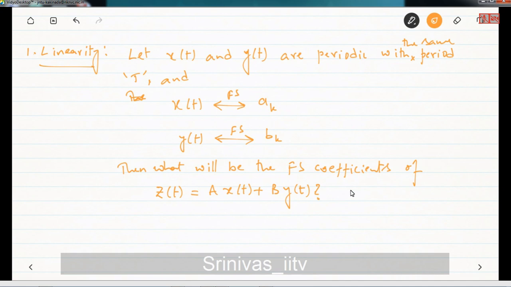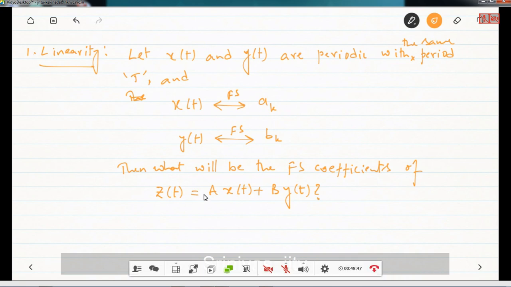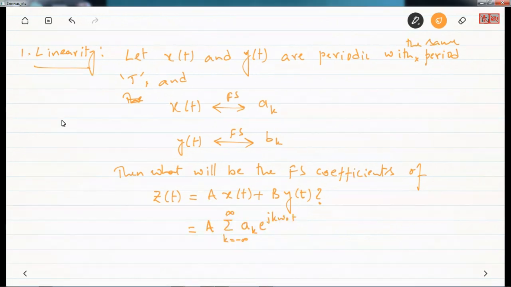So if we solve this question, we will derive the linearity property. Let's do it. It's very simple. I think if I give you just 2 minutes, you will be able to do it. I'll be online, looking at these questions.